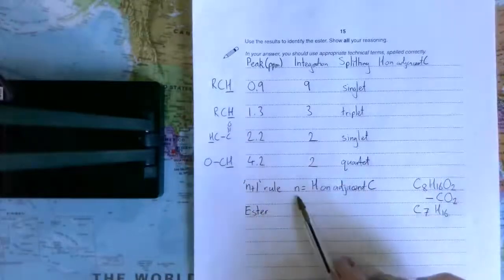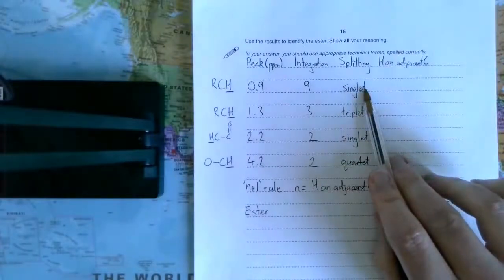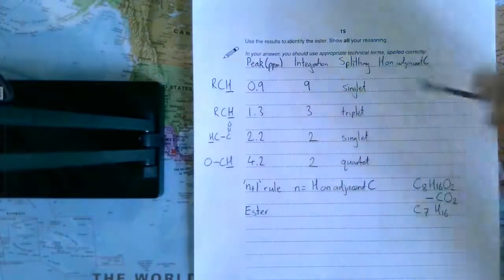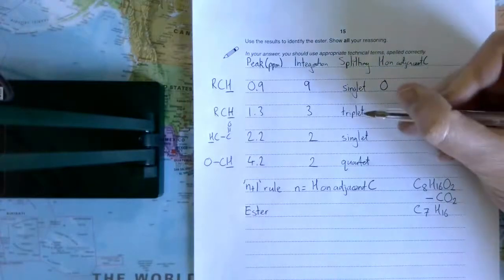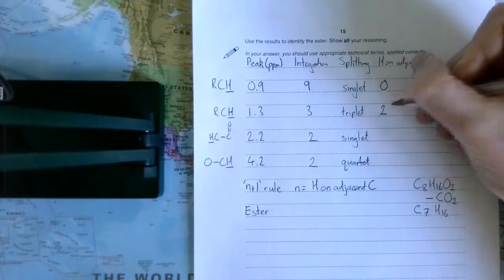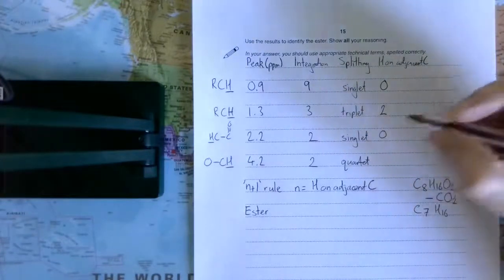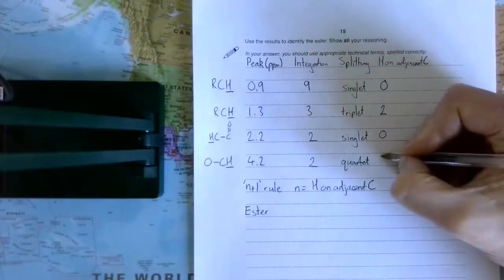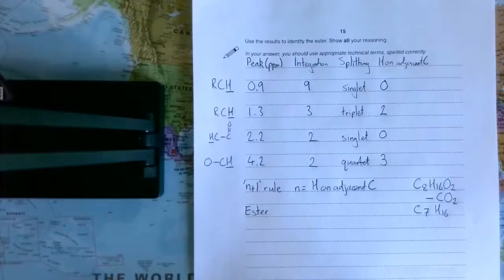So N+1, number of hydrogens in adjacent rule, therefore you take the number here and remove 1 from it. The singlet is 1, so there are no hydrogens on adjacent carbons there. Triplet, take 1 away from 3, there are 2 hydrogens on the adjacent carbon. Singlet is again 0, and the quartet, 4 take away 1, tells us that there are 3 hydrogens on the adjacent carbon.